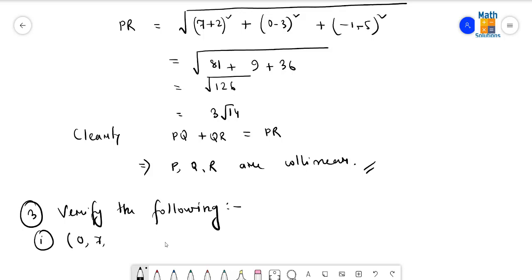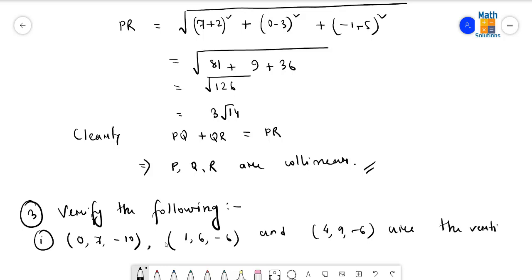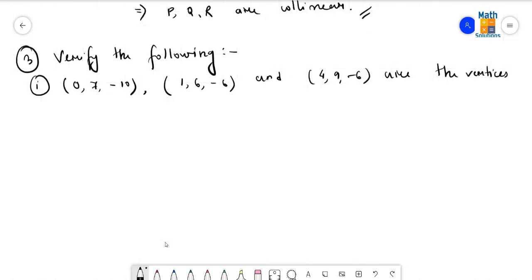That 0, 7, minus 10, then 1, 6, minus 6, and 4, 9, minus 6 are the vertices of an isosceles triangle. Isosceles triangle means triangle having two equal sides.